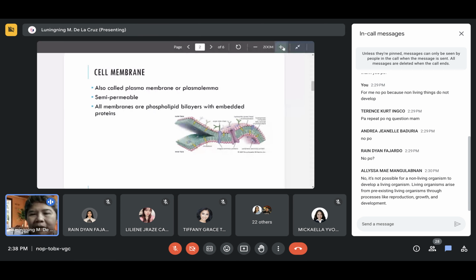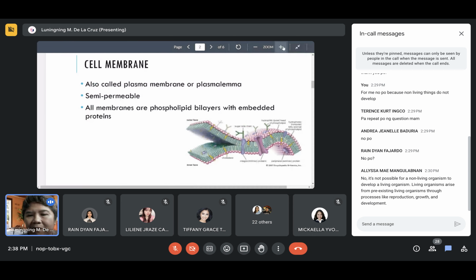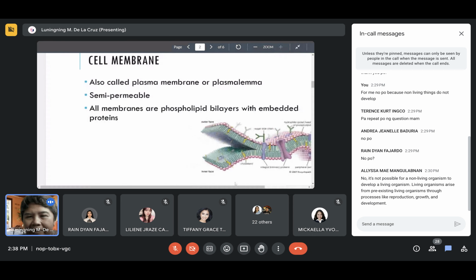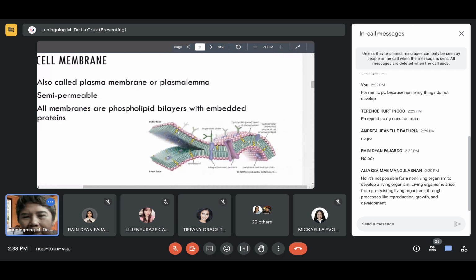Okay, so let us look into that phospholipid bilayer. So you can see that part of the cell membrane. Okay, you see this one, the circular structure. So that is the hydrophilic endpoint.